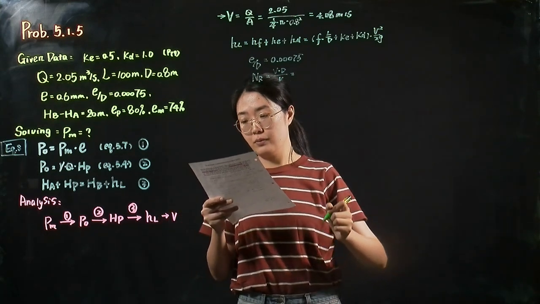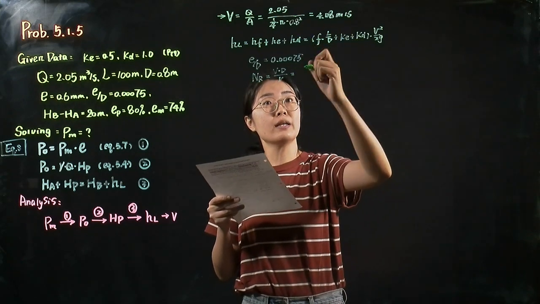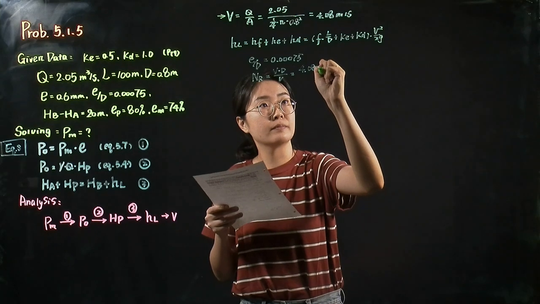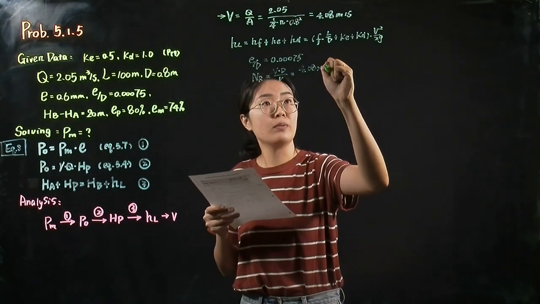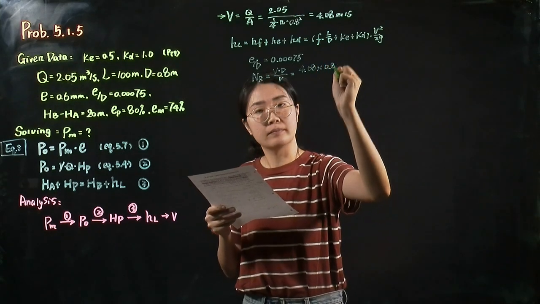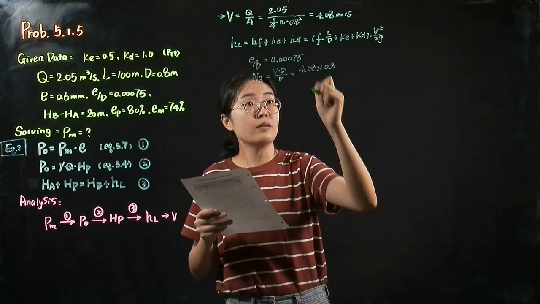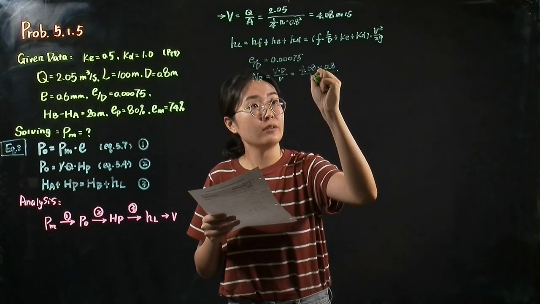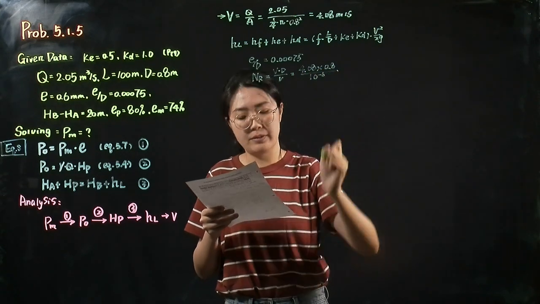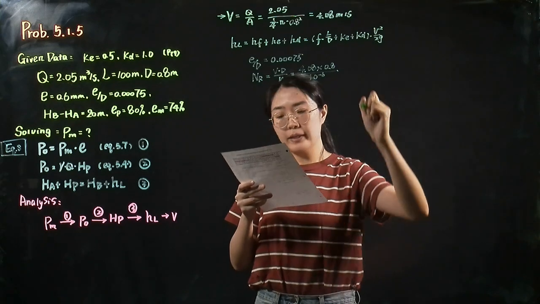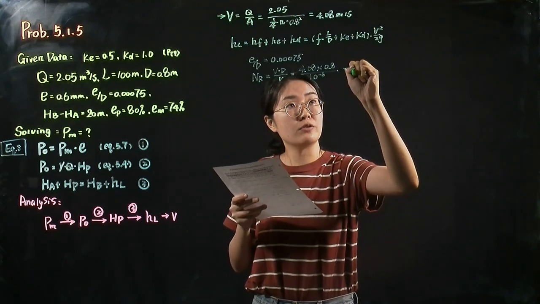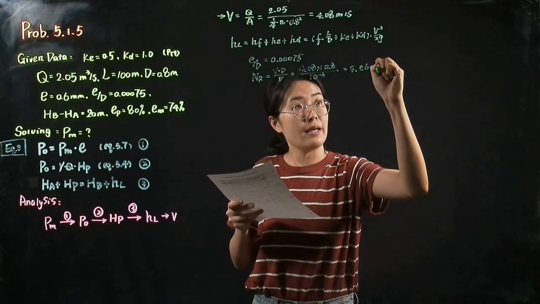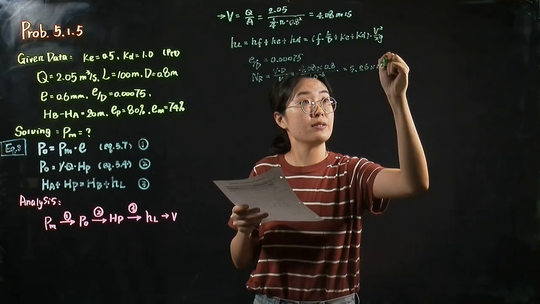The velocity is 4.08, the diameter is 0.8, and the kinematic viscosity is 10 to the power of -6. Then we can get the Reynolds number equals 3.26 times 10 to the power of 6.